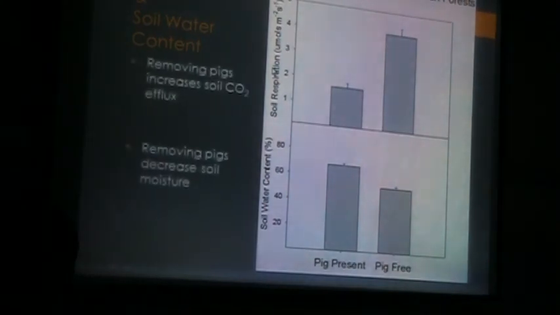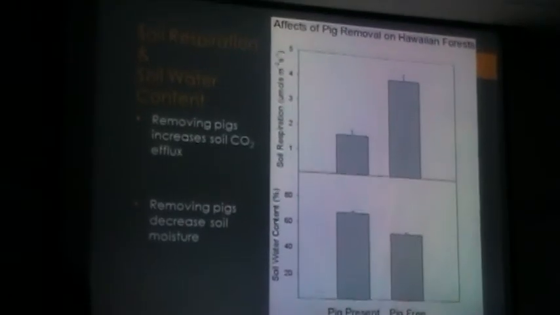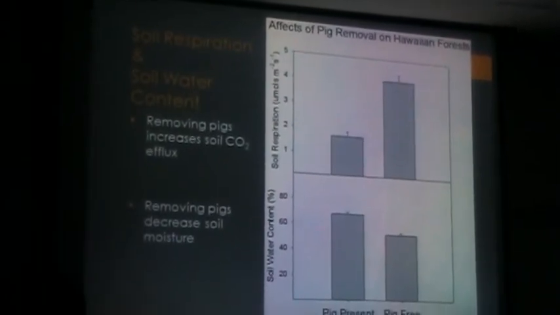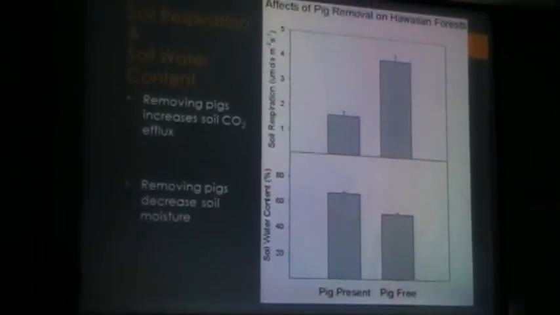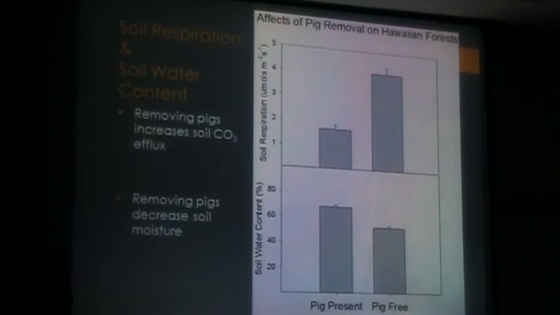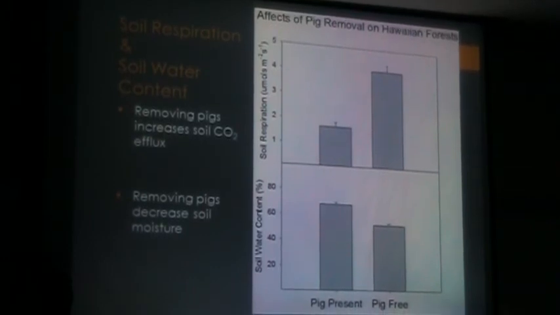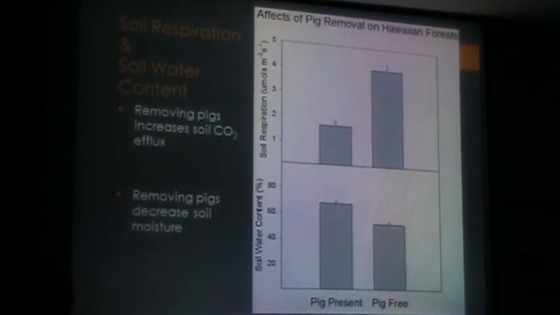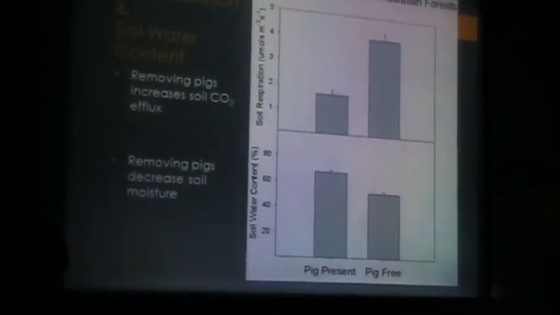So my three major questions to ask are, how does pig removal affect CO2 efflux? How does pig removal affect soil temp? And how does pig removal affect soil water, or volumetric water content?